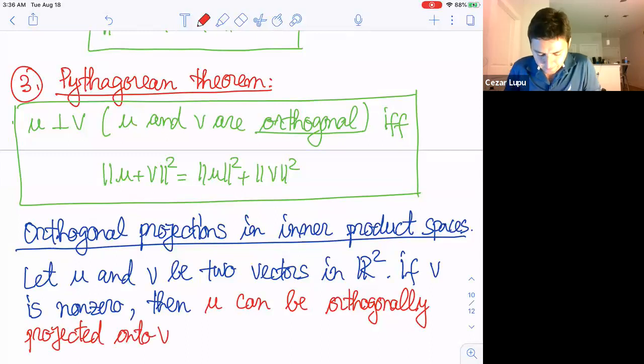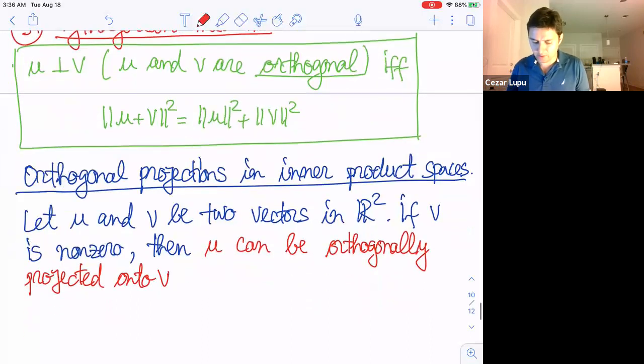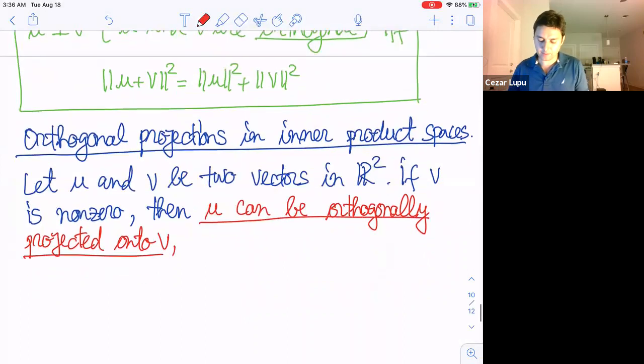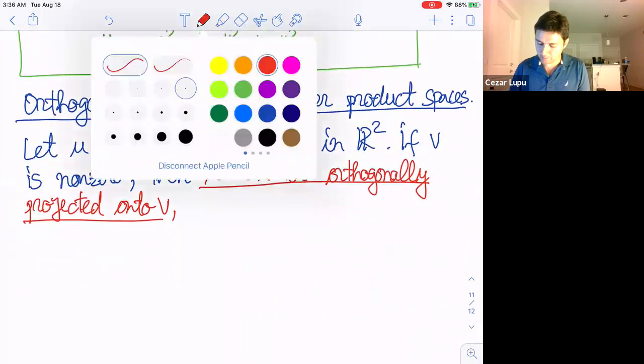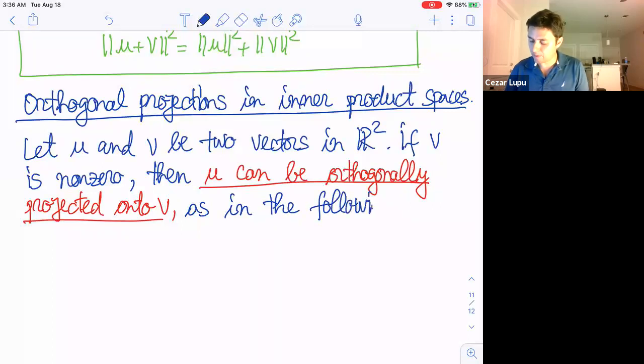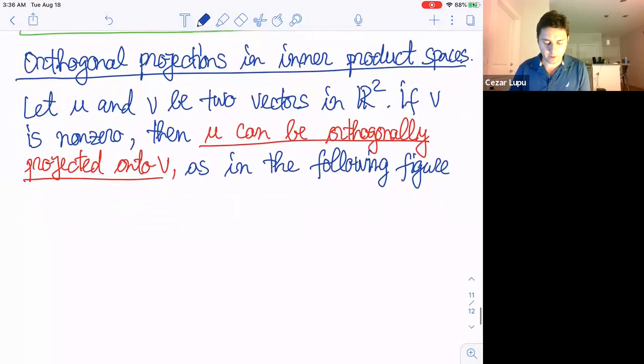And let's see what this means. I want to draw a picture. What does this mean? As in the following picture. Okay, let's draw the picture.